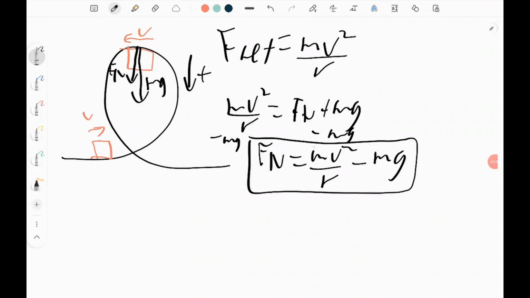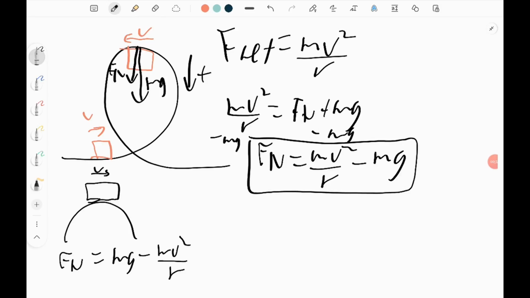So what exactly does this equation imply? When we look back at the hill example where we had a block moving across the top of the hill, we said that the normal force was equal to mg minus mv squared over r. And we said that there's a maximum speed at which the car can travel before it flies off the track.